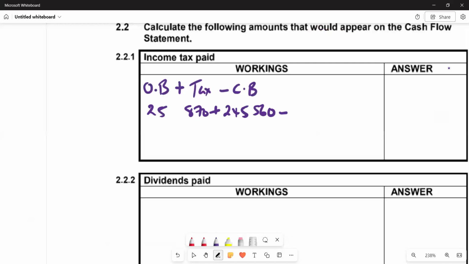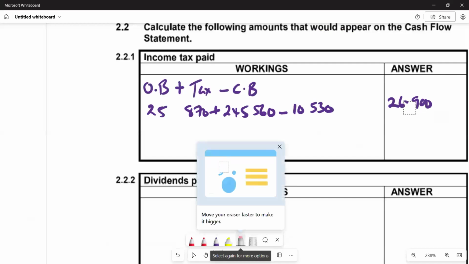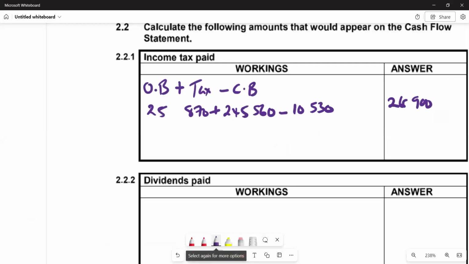Then we subtract the closing balance of tax, which is 10,530. And then we are supposed to get 260,900. So this is our final figure that we are getting for our tax. So here we are saying 260,900. This is the figure that we have.